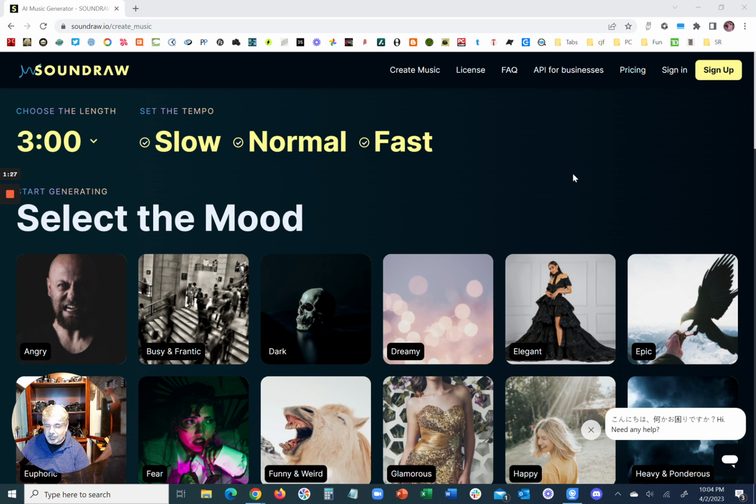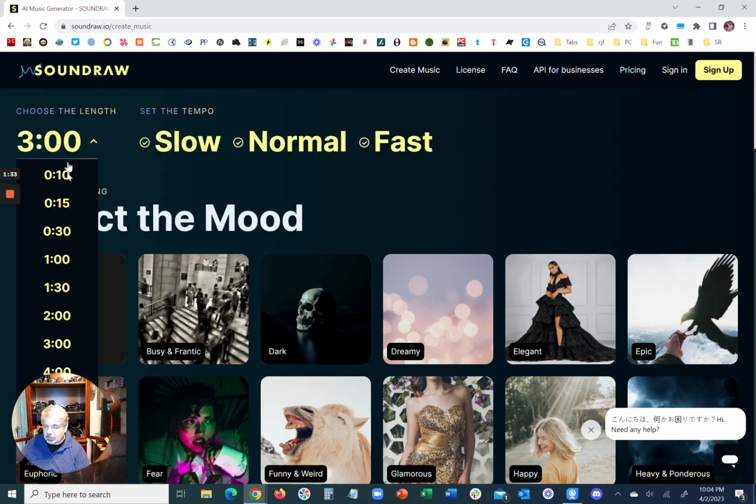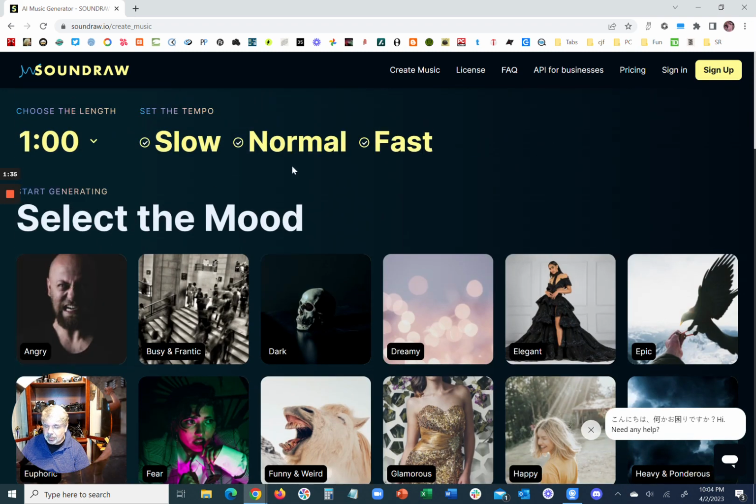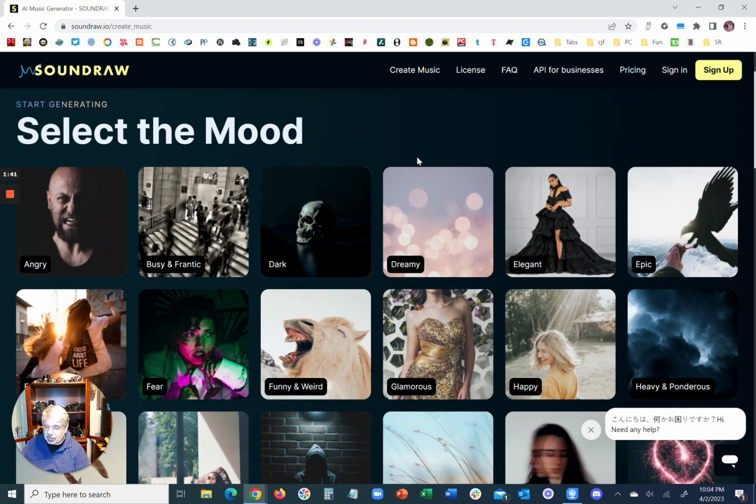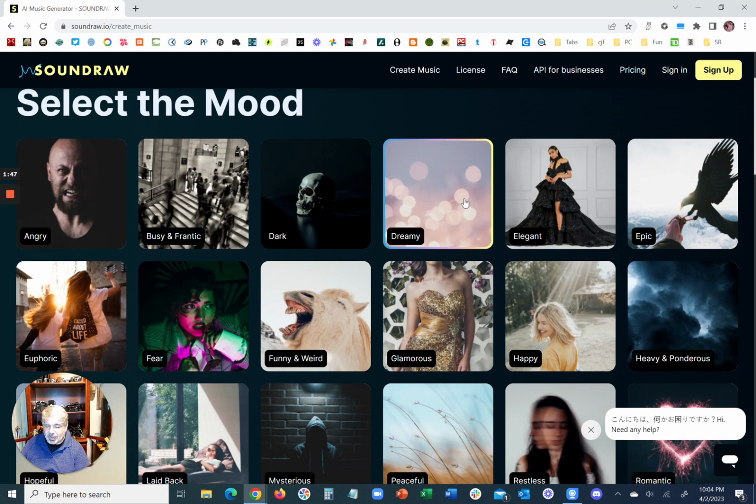So we're going to use the SOUNDRAW tool, and we're going to, okay, what is that doing there? Let's create a 1 minute fast tempo piece of music. But again, it looks like a committee got together and said, let's have an elegant template, also happy and glamorous.